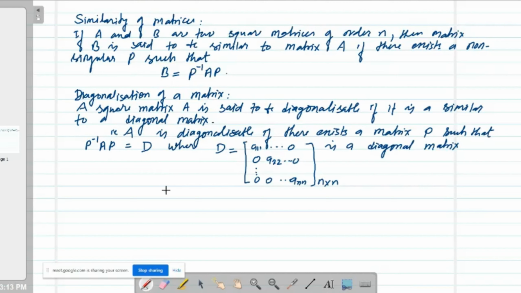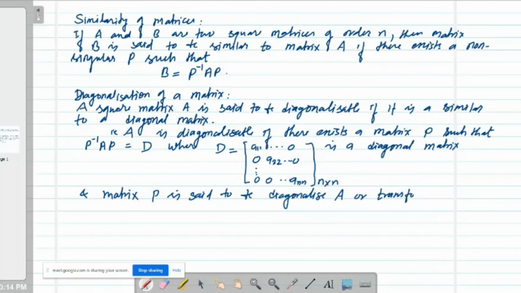Diagonalizing matrix or transformer matrix, or you can say modal matrix. So matrix P is said to diagonalize A, or you can say transform A to a diagonal form.